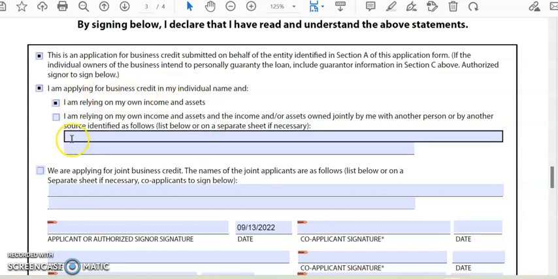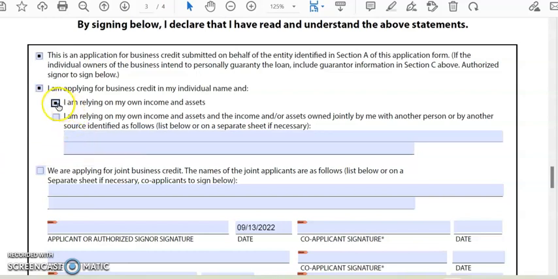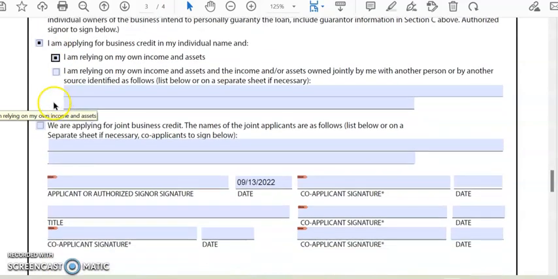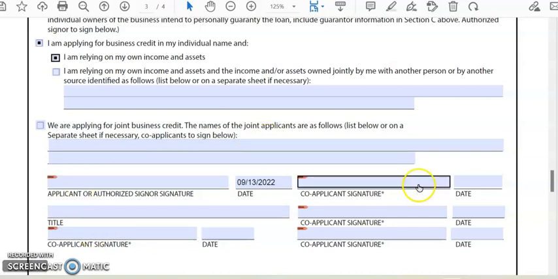If it's a husband and wife, you're going to put husband and wife information, or is it just going to be a single individual? You'll click there. This question here is, we are applying for joint business credit. The names of the joint applicants are listed below on a separate sheet, as I mentioned before, if there are multiple owners of the business, and then everybody needs to sign.